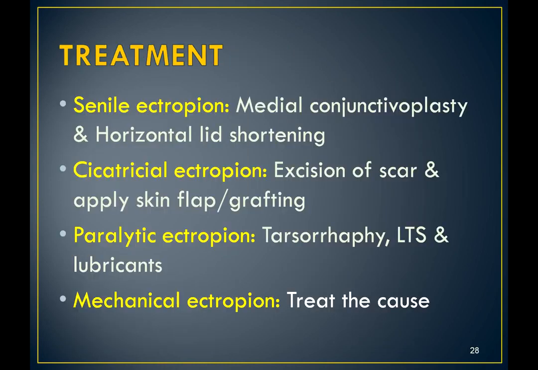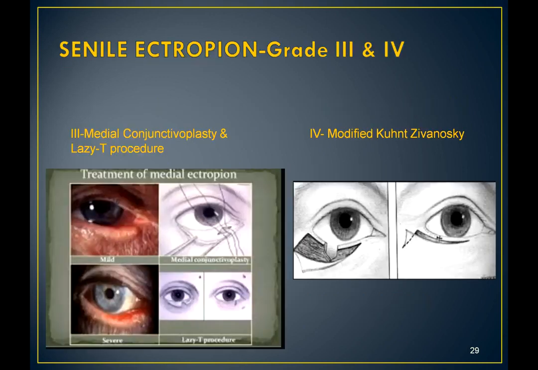Now how to treat senile ectropion? See in the next pictures. This left picture shows treatment of grade 2 and grade 3 rather. Grade 1 and 2 do not actually need surgical repair because grade 1 is hardly visible, grade 2 is showing slight scleral show, but there is no eversion of the punctum, so there is no excess watering, the things remain normal.